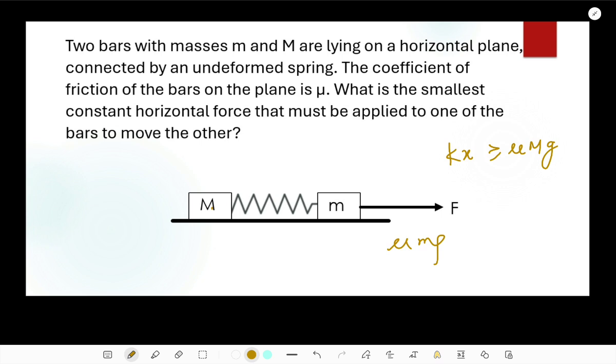The first force is F, and I need a displacement, I need a length x of the spring to be extended. So I will be moving the block of mass m by a length x.